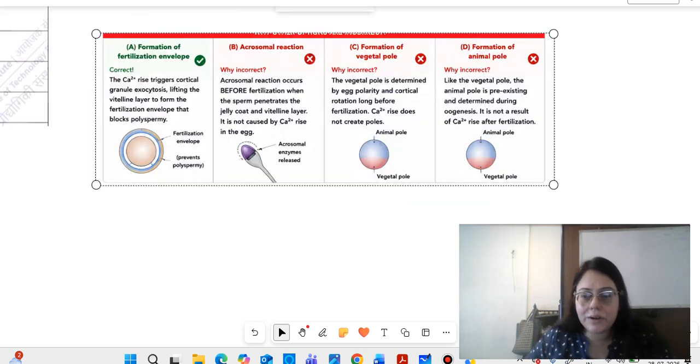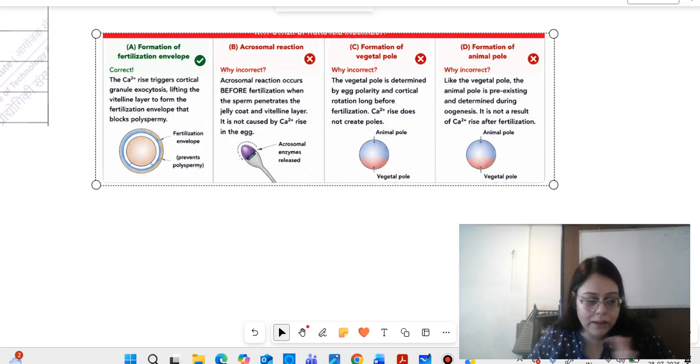Here on the screen you can see all the options explained, which one is correct and the others incorrect. Option A is correct. Why? Because calcium ion is triggered just after fertilization.